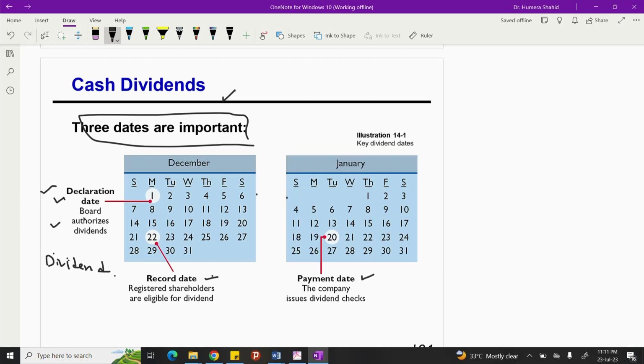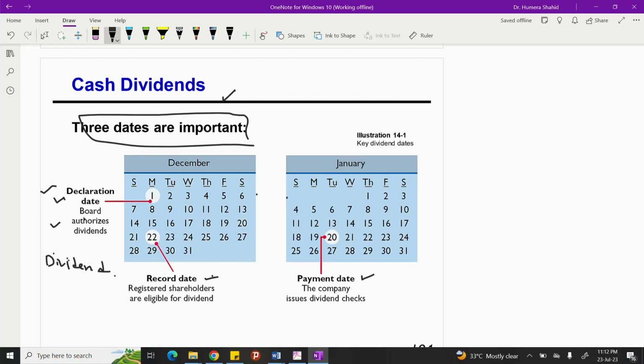Then comes the record date. Since public companies' shares are freely traded in the market, companies should update their records on who the current registered stockholders are, so that the actual owner can get the dividend, not the old one who doesn't have shares anymore.